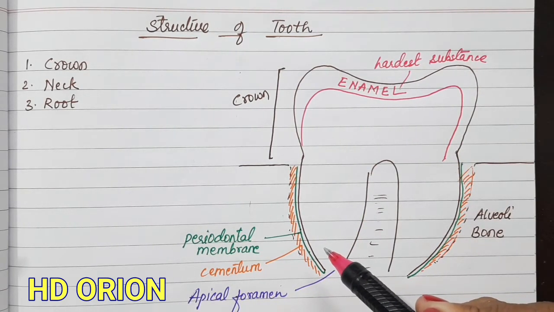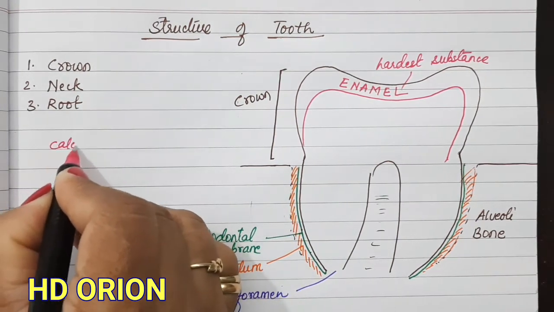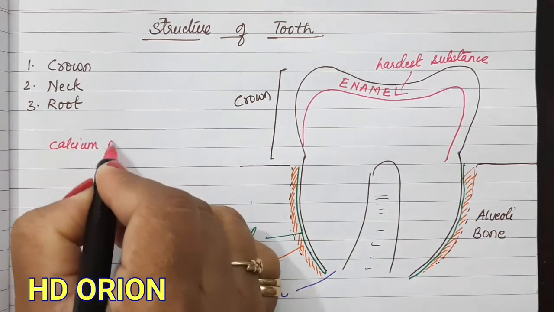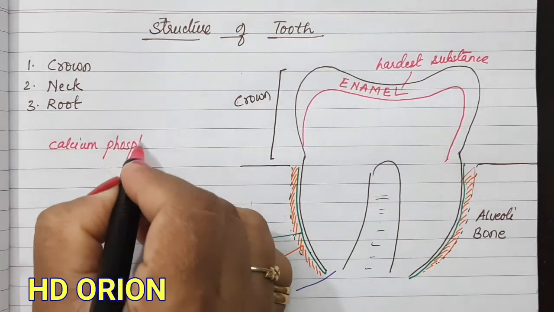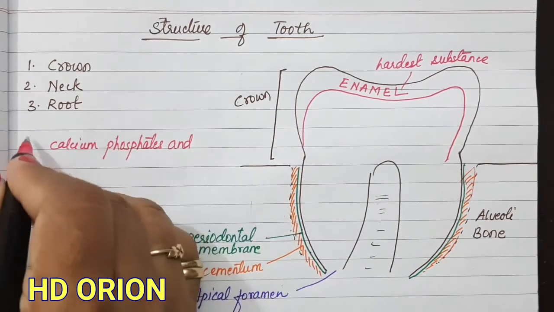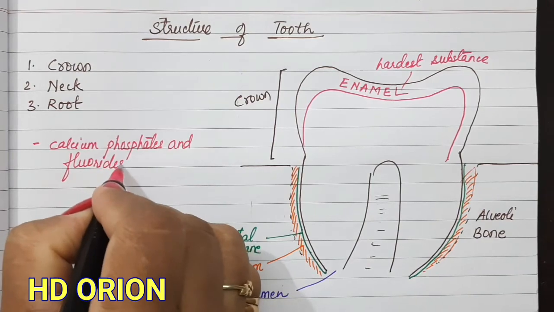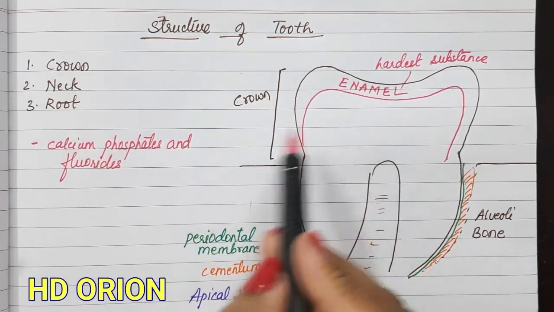Now the enamel is made up of the salts of calcium like calcium phosphate and fluorides. The same is for the dentine that comes below the enamel.